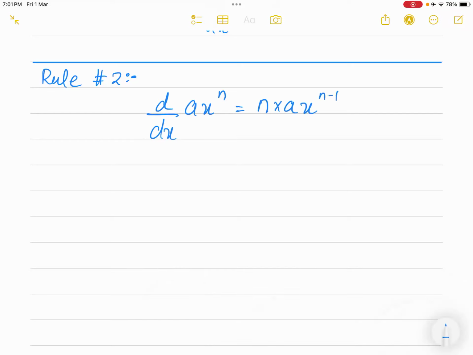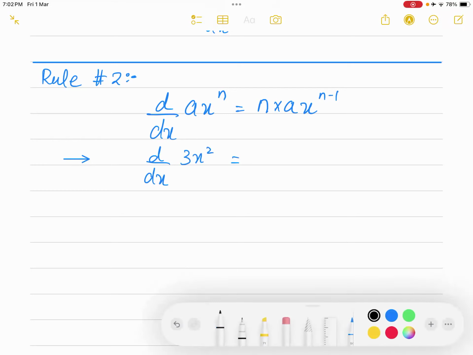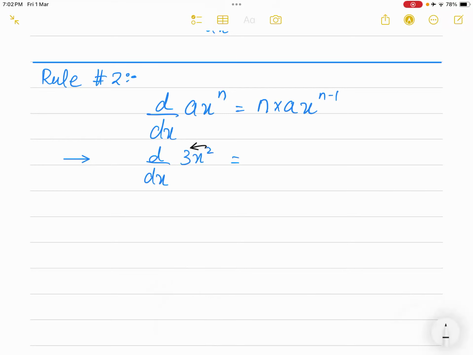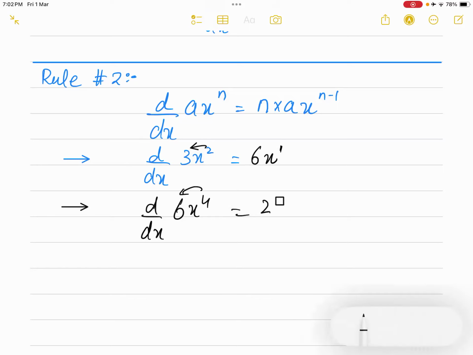What does it mean? Example: d by dx of 3x square. What we will do here is multiply 2 with 3. So 2 threes are 6, and now reduce the power. Is this clear, Rehan? Arsh? Yes, sir. Similarly, for 6x power 4, multiply 6 with 4, that would be 24x.